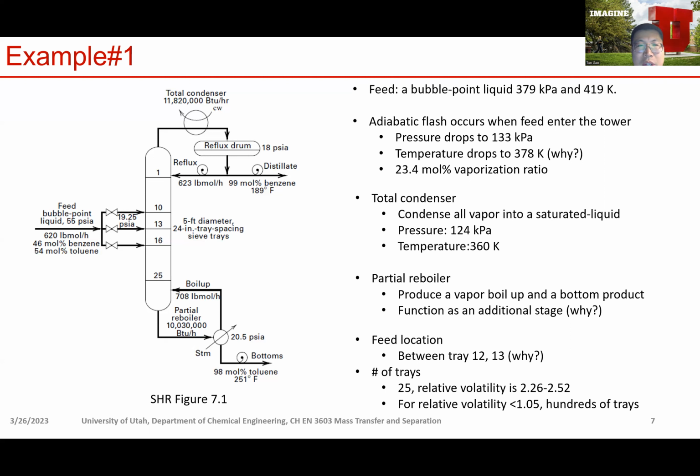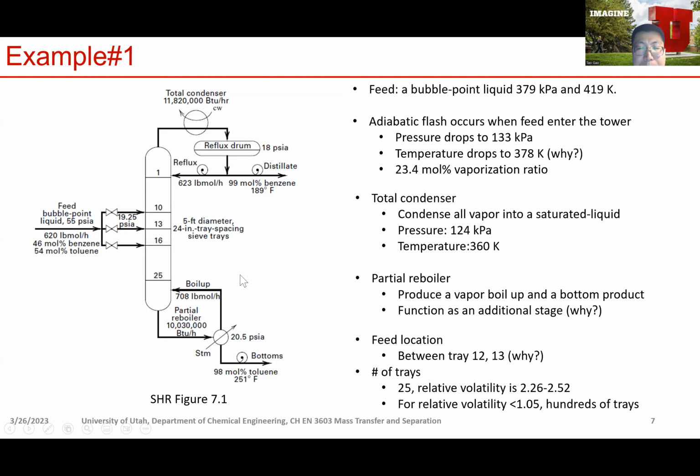We're going to produce a vapor phase that's in equilibrium with the liquid phase, and the vapor will be recycled back to the tower, whereas the liquid will be discharged as a bottom. But the partial reboiler functions as an additional stage, just like every tray here.